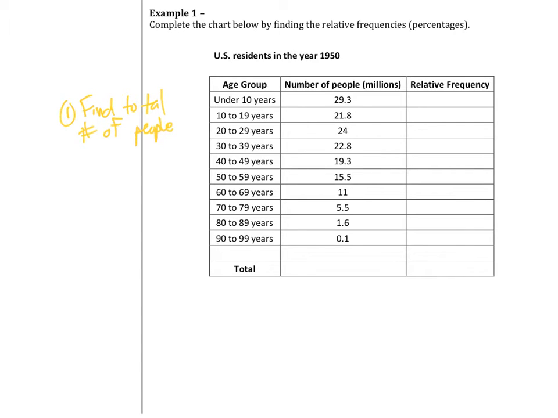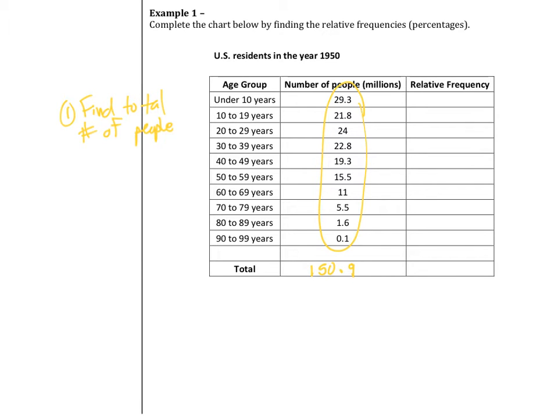So we're going to add up all of these. If we add them up on a calculator, we end up with 150.9, so about 150.9 million people.